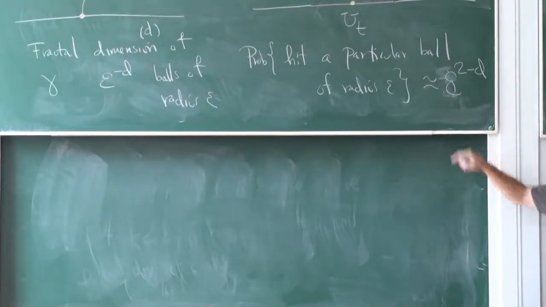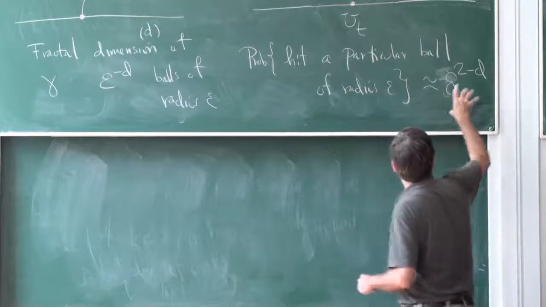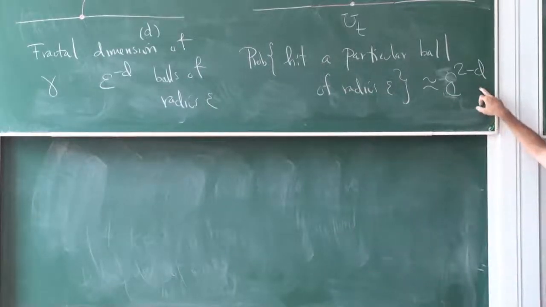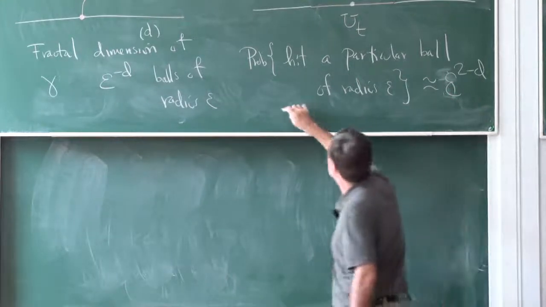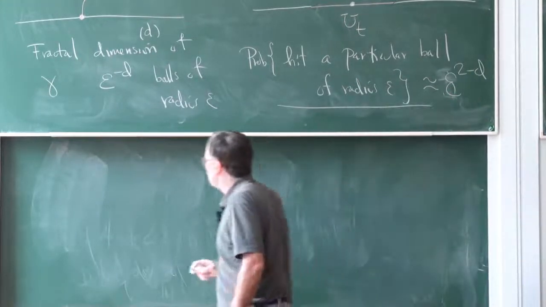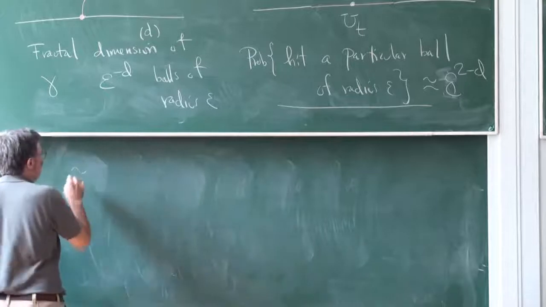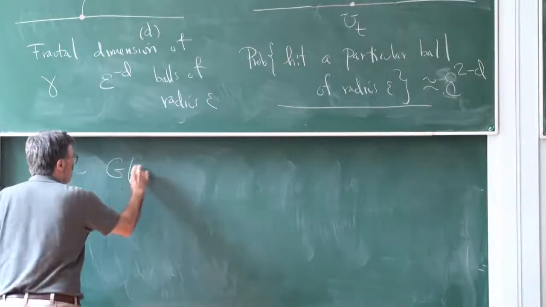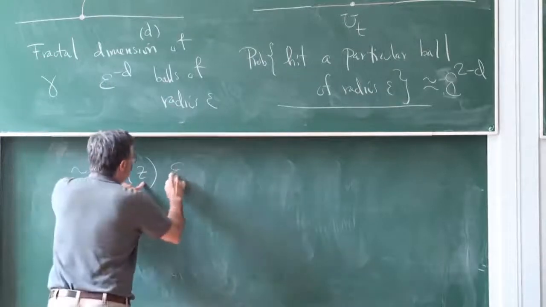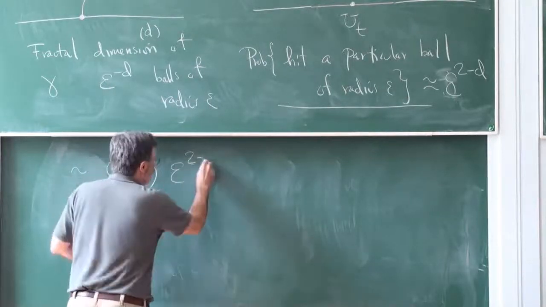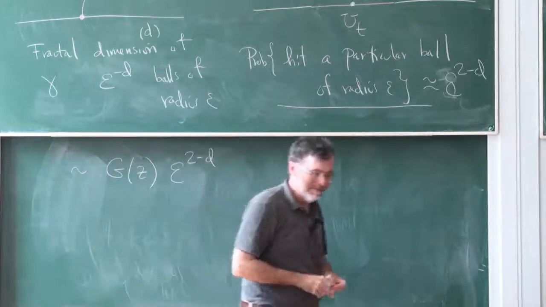So now, the probability of hitting a particular ball, let's assume for the moment we had a D, which looked like this. There should also be a coefficient here, and you would expect the coefficient might depend on the point z. So suppose that probability, as epsilon goes to 0, is some function G of z times epsilon to the 2 minus d.